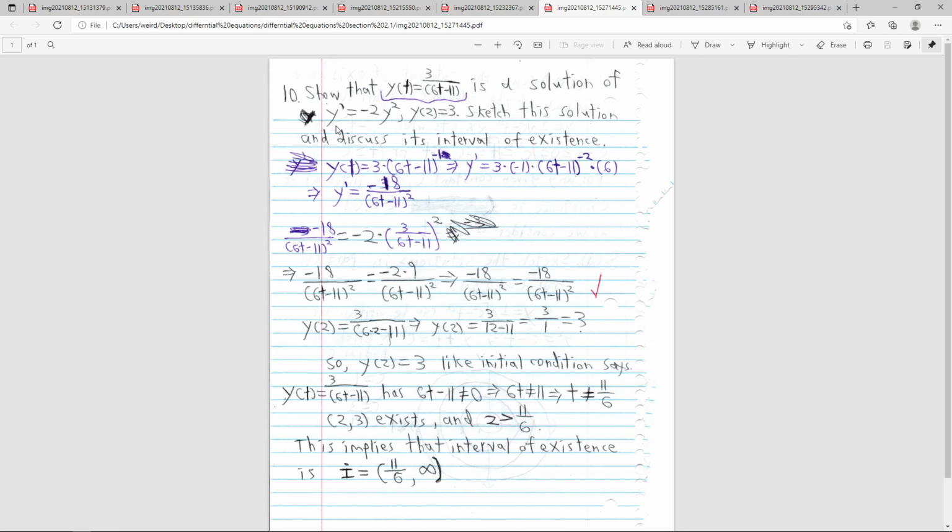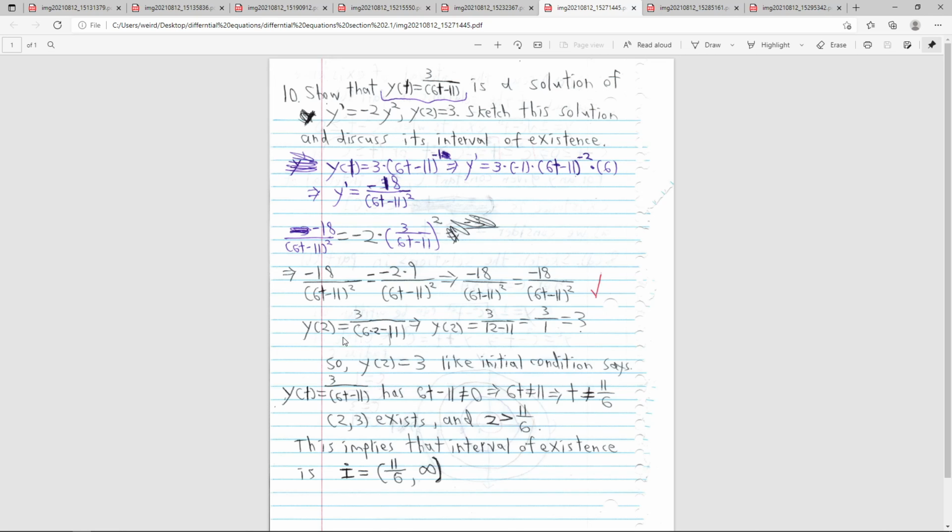And we plug into the equation y prime equals negative 2y squared. We have the y prime here, and then y at t, which is 3 divided by 6t minus 11, squared, times negative 2. We simplify down to show we get negative 18 divided by 6t minus 11 squared equals negative 18 divided by 6t minus 11 squared, and so it's a solution.